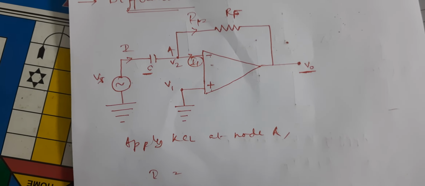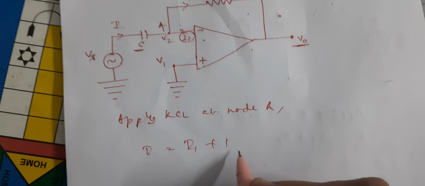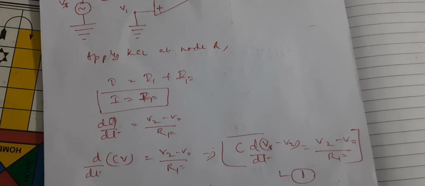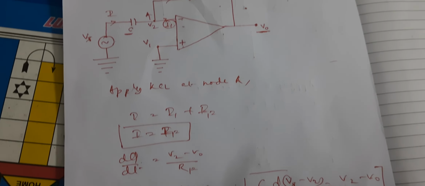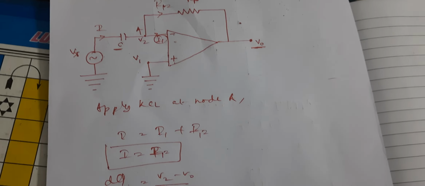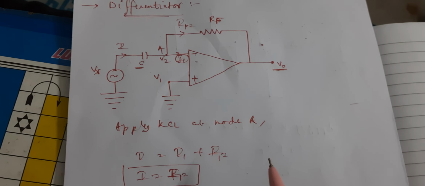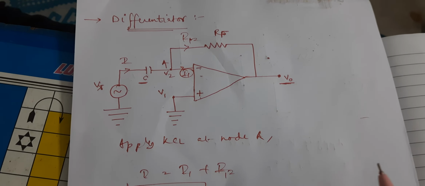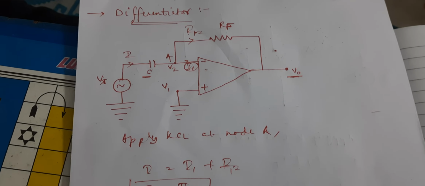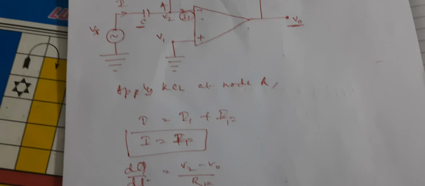So I is equal to I1 plus IF after applying KCL, and so I is equal to IF. Why? Because of the input resistance of an ideal op-amp, which is infinity, and using the equation I equals V by R, we get I1 equal to 0.